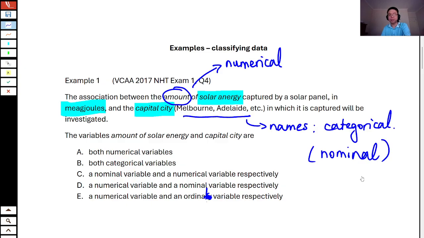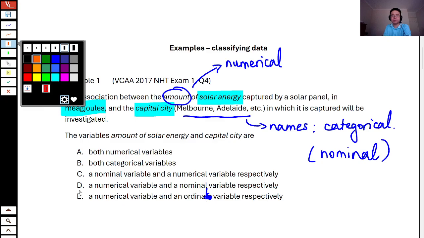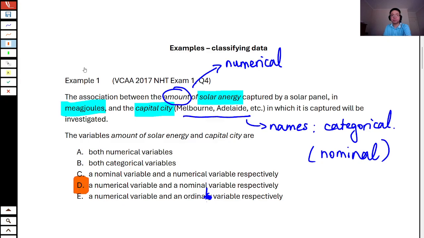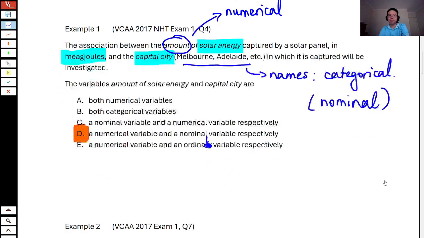So looking at these options, well, we can clearly rule out A and B because they're different types. We can rule out option C because solar energy is a numerical variable. The best option is D. All right, next one.